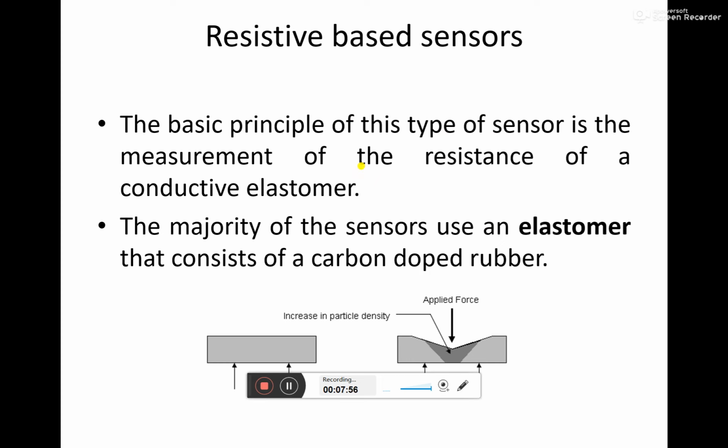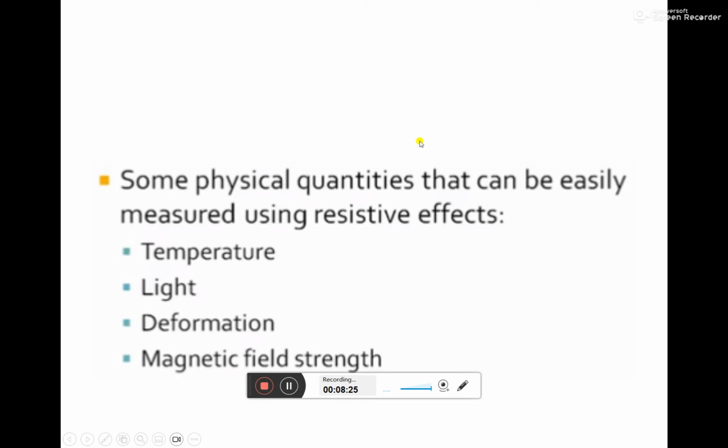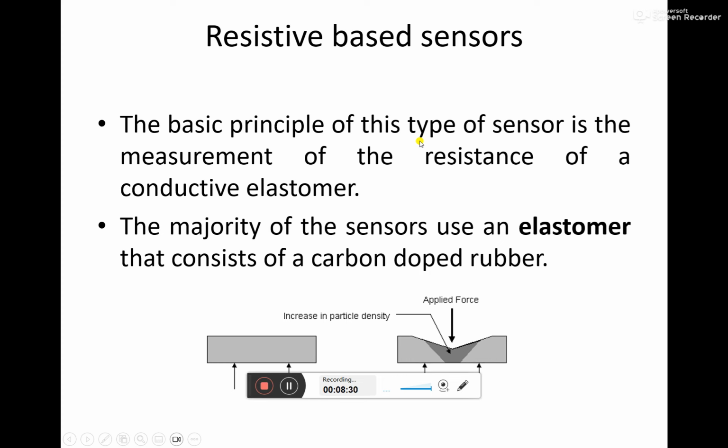Whenever the object is subjected to some action, the resistance of the resistive element may vary. That measurement of resistance will be converted into an appropriate value, which may be temperature, light, deformation, or magnetic field strength.